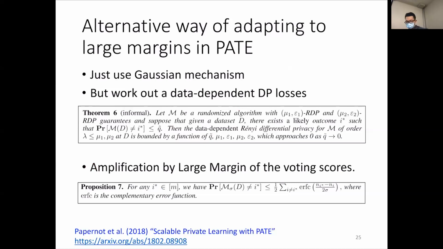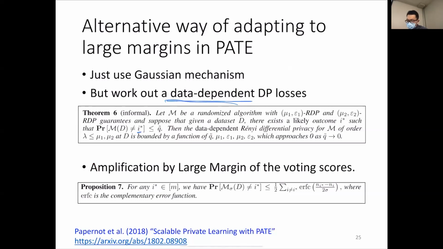This was from the second PATE paper by Nicolas Papernot and co-authors. Theorem 6 says it's a data dependent Rényi DP calculation for this mechanism that adds noise to the voting score and then releases the argmax, right?